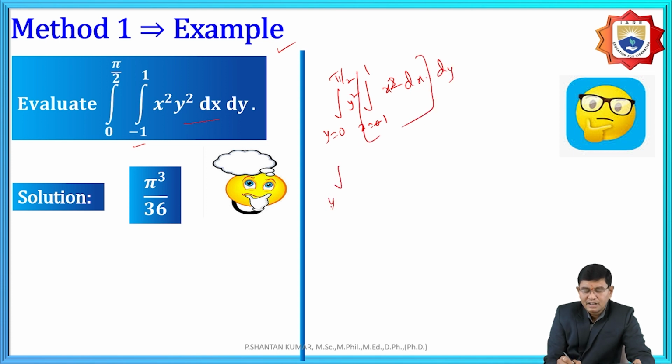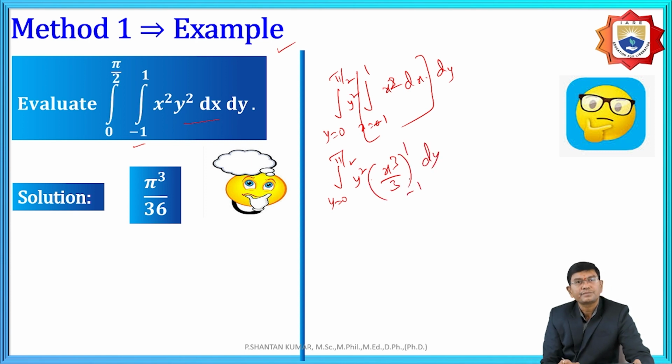Again, y goes from 0 to pi by 2 of y square, and the integration of x square is x cube by 3, with limits minus 1 to 1, into dy.